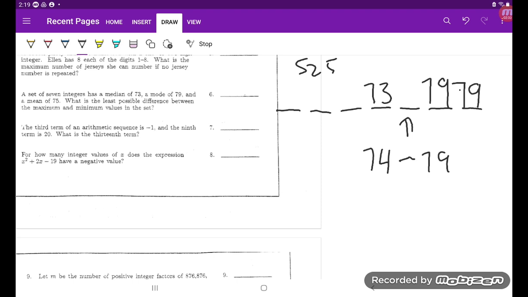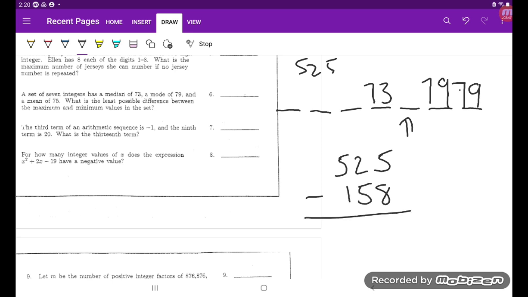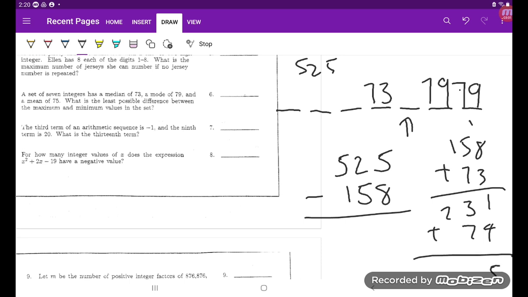If we try 74 first, we get 525 minus 79 times 2, which is 158, so 525 minus 158 is 367, minus 73 is 294, and minus another 74 gives us 220.